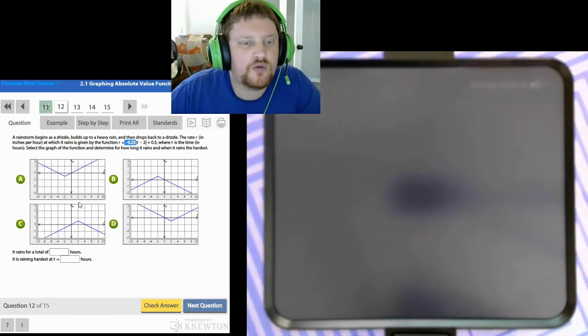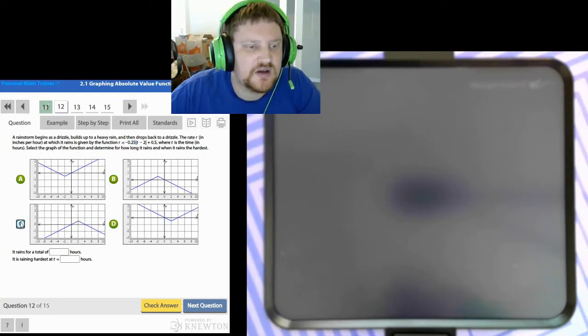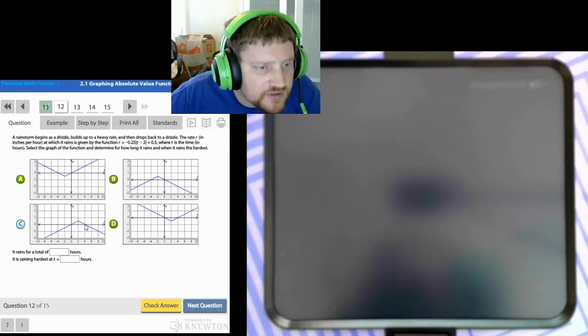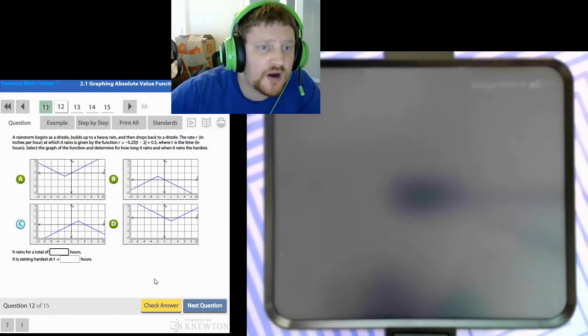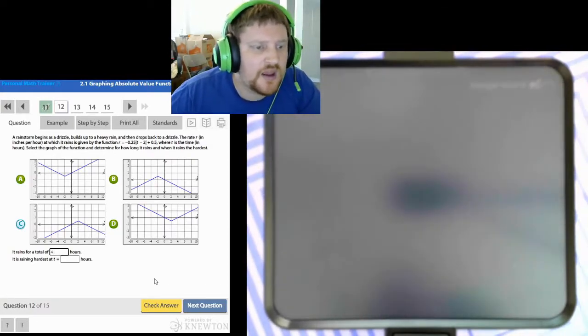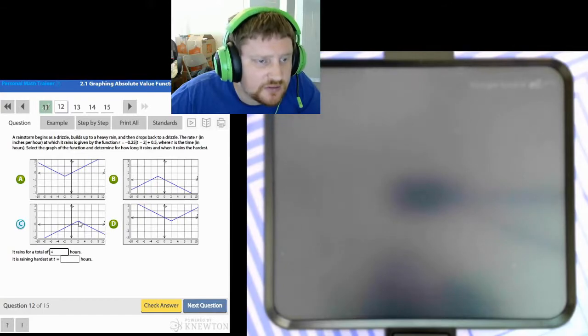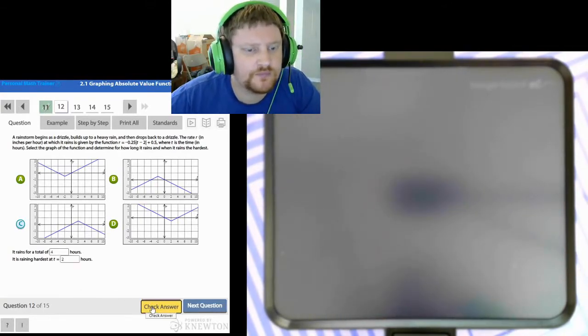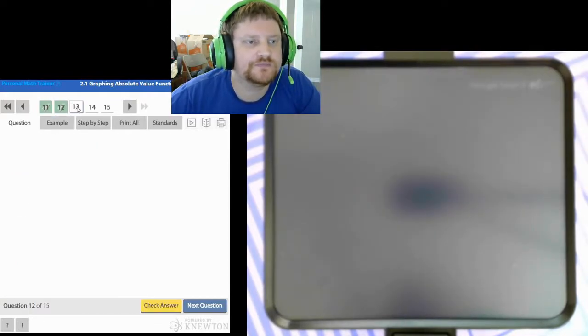So the only one that I see that opens down and is shifted to the right and up is C. And that tells us that it rains for a total of, looks like we get down to 0 at 4, so it rains for a total of 4 hours. And it's raining hardest here at 2 hours. Perfect.